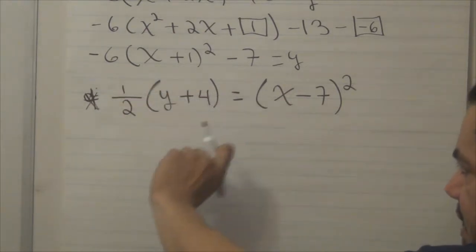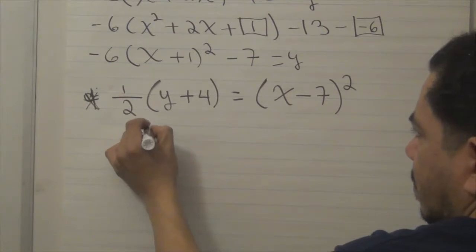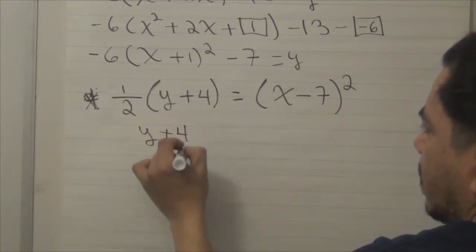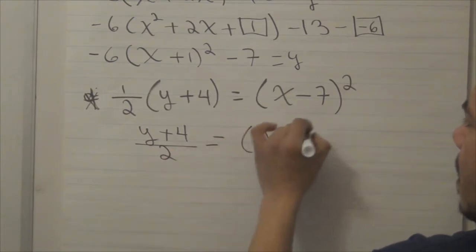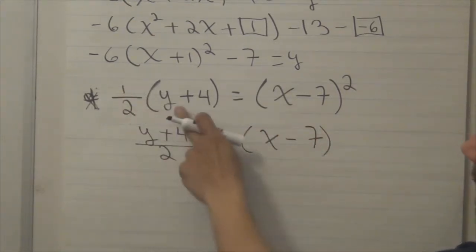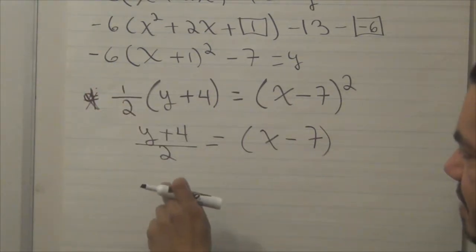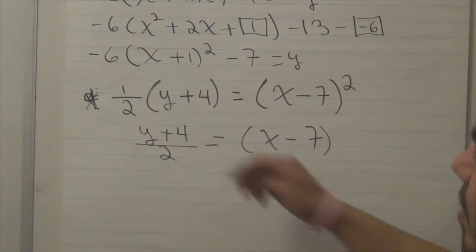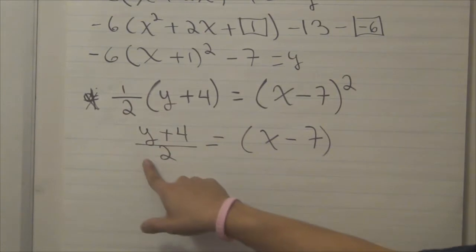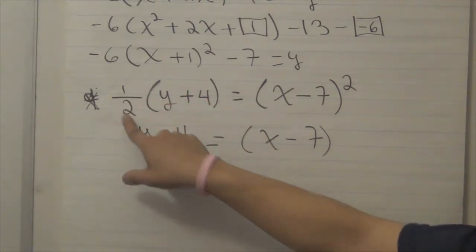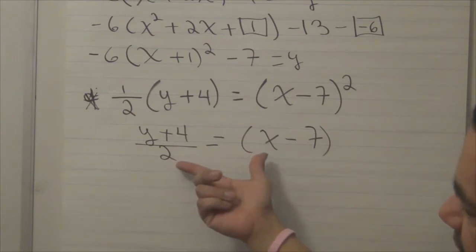I can rewrite this left hand side as y plus 4, over 2, because in reality I'm taking half of this. Multiplying by 1/2 is the same thing as dividing by 2. Or I could have used the distributive property: y times 1 is y divided by 2, 4 times 1 is 4 divided by 2.